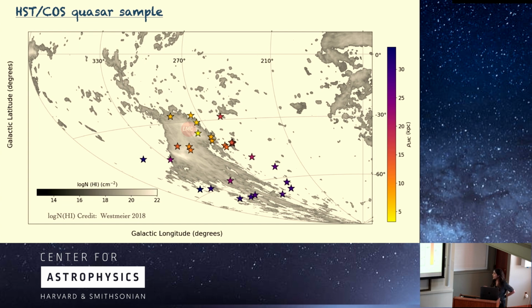Shown here is the location of these 28 quasar sightlines in galactic coordinates, color-coded by projected distance from the LMC. From this, it can be seen that most of our quasar sightlines probe the South Galactic Pole, out to a distance of 35 kpc.